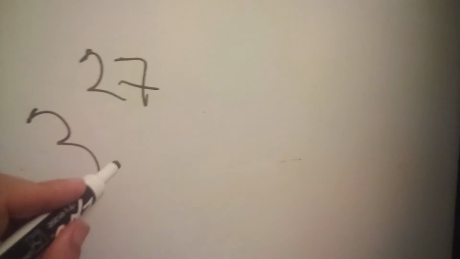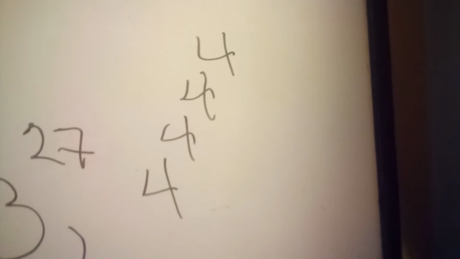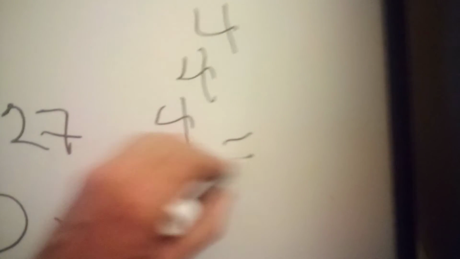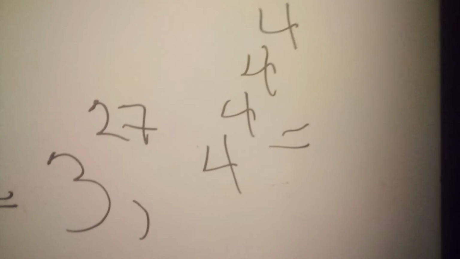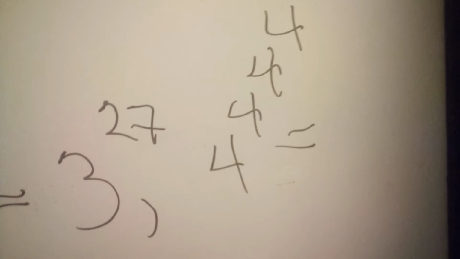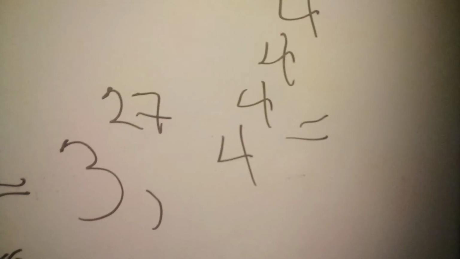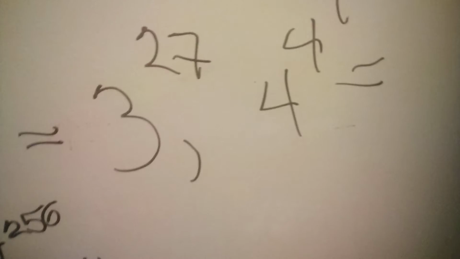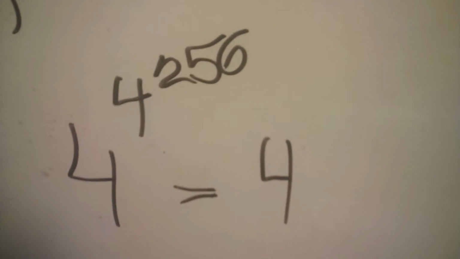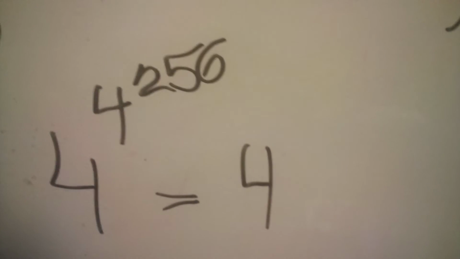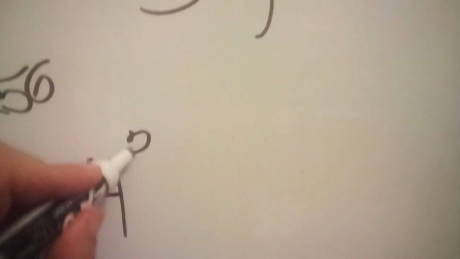Okay, so naturally the fourth Ackerman number is 4 to the 4 to the 4 to the 4. 4 to the 4 is 256, so that reduces to 4 to the 4 to the 256 power. And that's the same as 4 to the 2 to the 512th power.